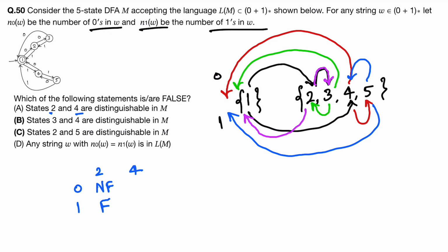Now 4 on 0 goes to the final state. 4 on 1 goes to a non-final state. So see, this is distinguishable because here one is final and the other non-final. So this is a true statement. This option is not false.